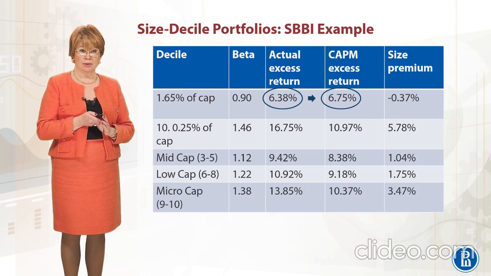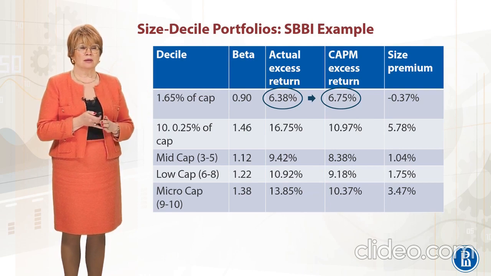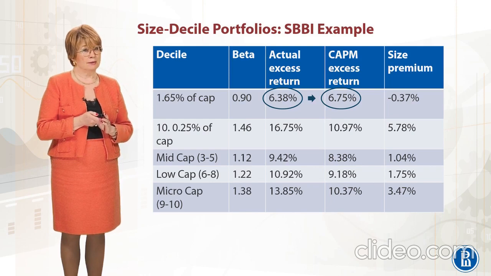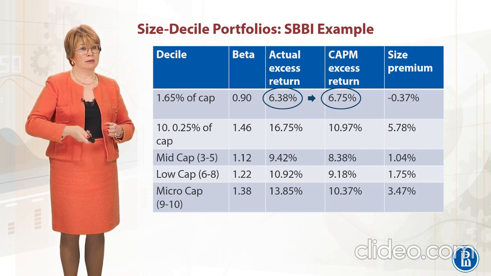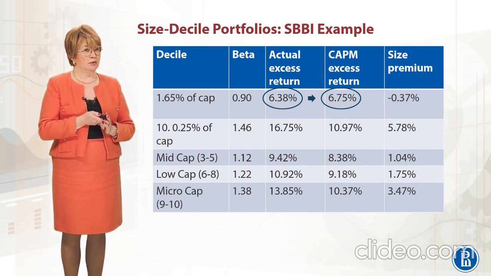Those largest companies by the size of their market cap are the top level companies. They have the beta on average 0.9.